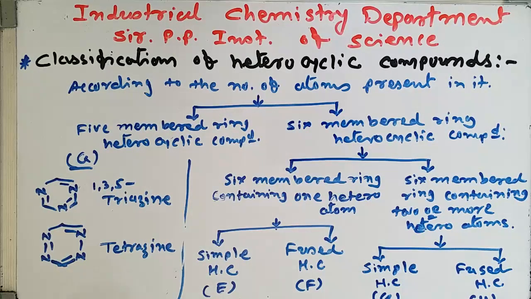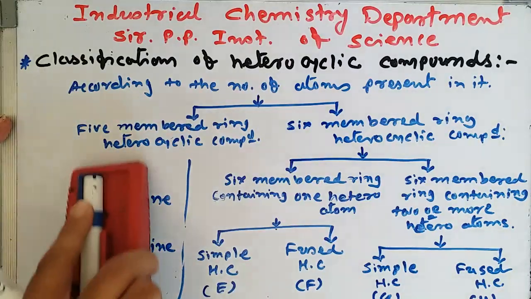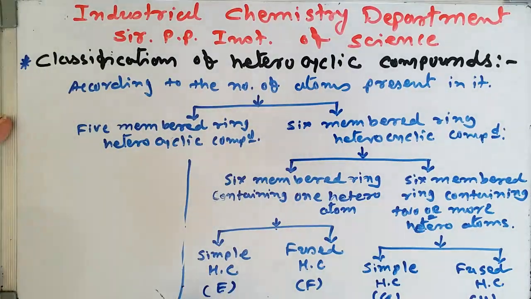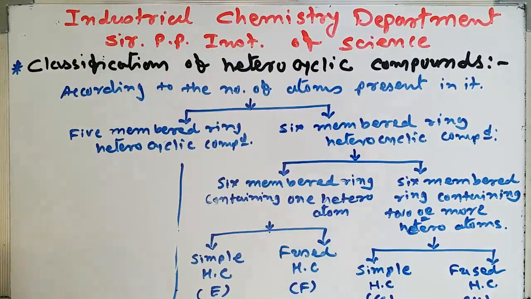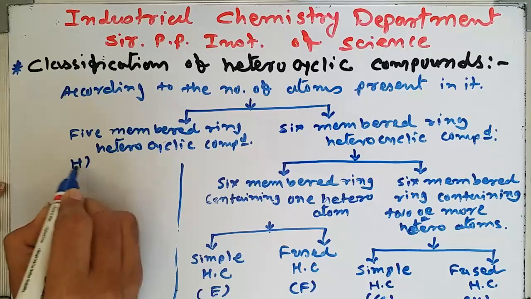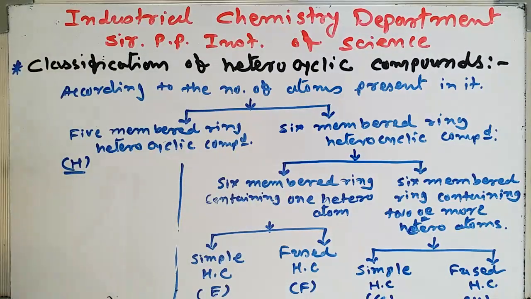Now we see the last group H, fused six-member ring containing 2 or more heteroatoms. These are fused six-member rings containing 2 or more heteroatoms.